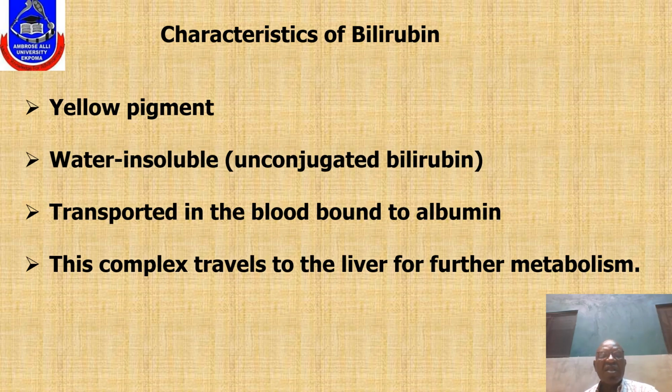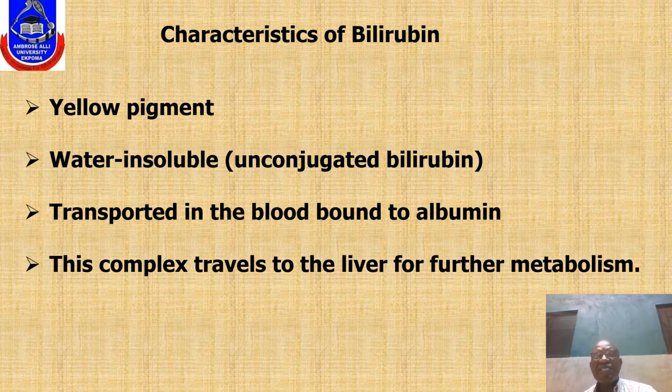You must note that bilirubin has 4 characteristics. 1, it is a yellow pigment. 2, it is water insoluble. 3, it is transported in the blood, bound to albumin. And 4thly, the complex travels to the liver for further metabolism.